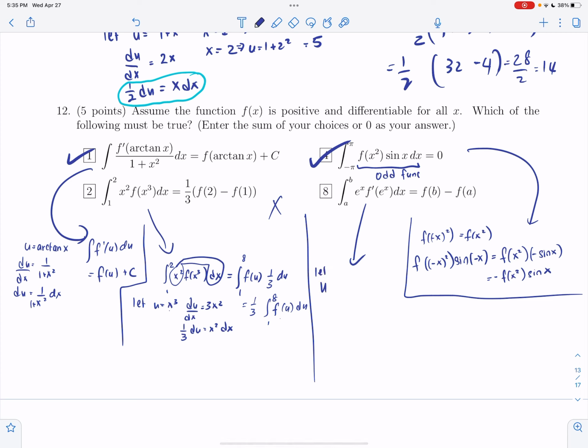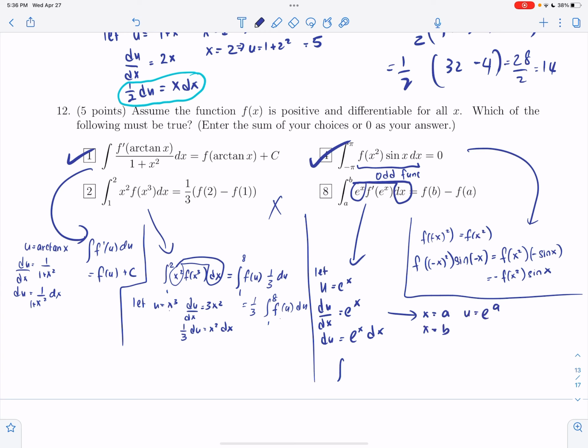So let u be e to the x. du dx is e to the x, so du is e to the x dx. When x is a, u is e to the a.